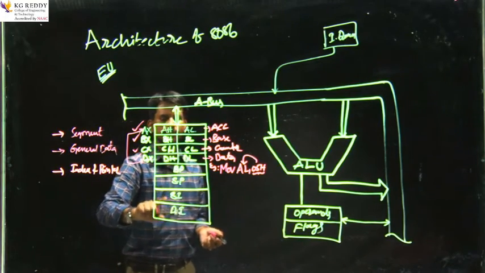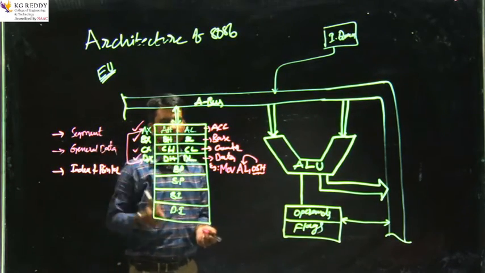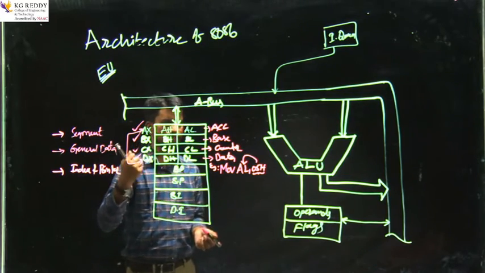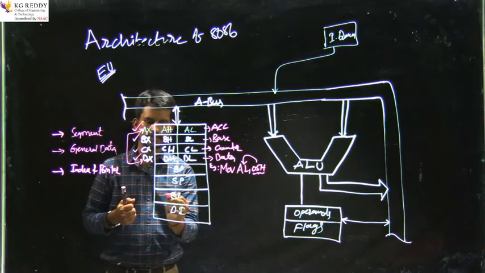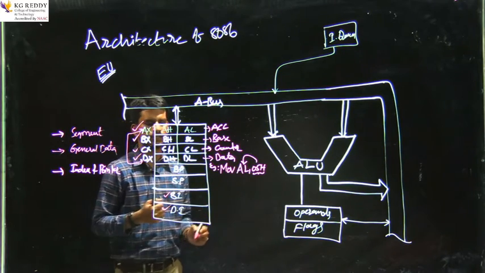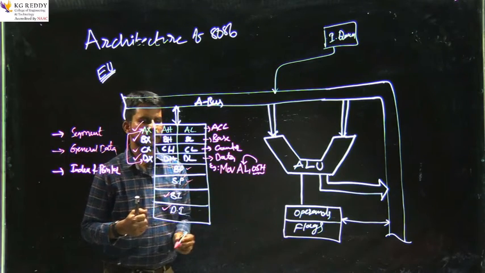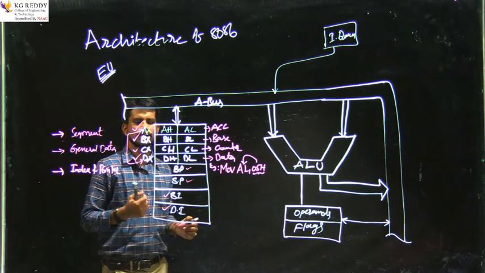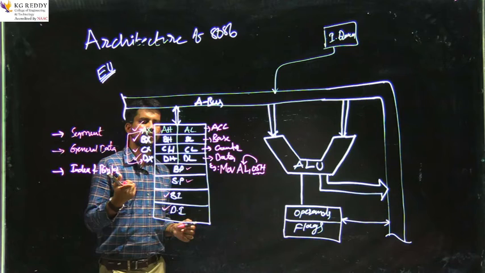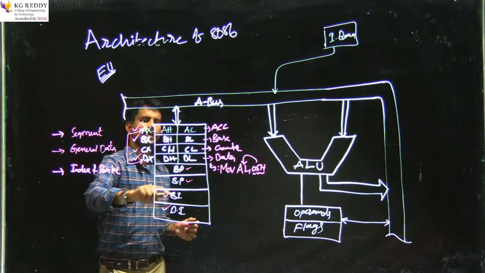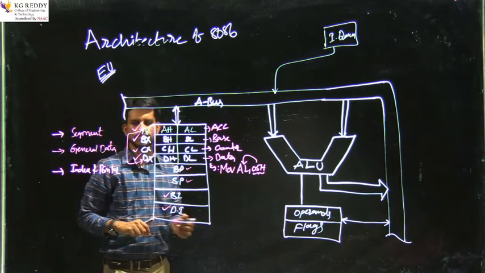We will use these two registers along with base registers for accessing instructions and data from main memory locations. These two are the index registers, source index and destination index. And coming to stack pointer and base pointer, these are the two pointer registers. With respect to stack operations, we are going to use these. Push operation and pop operation will involve these two registers.